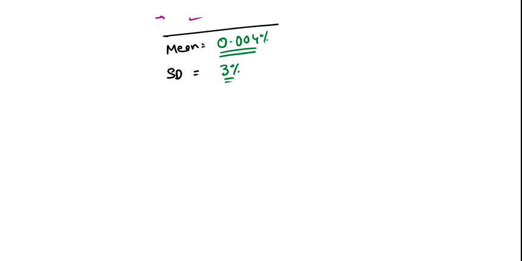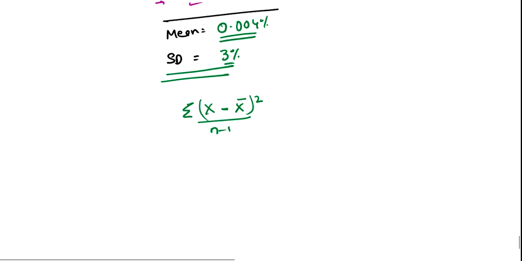Clear? Now how do we actually calculate the standard deviation? If you remember the formula, it is the square root of the summation of x minus x bar whole square, divided by n minus 1.